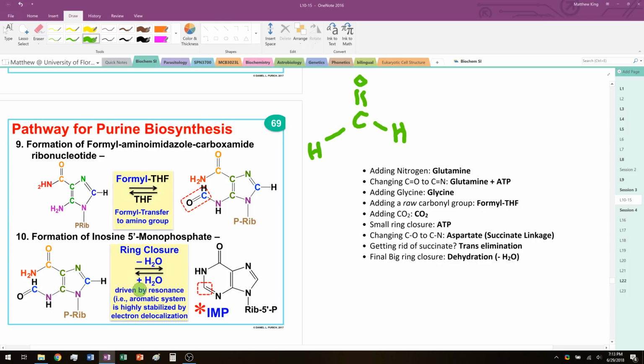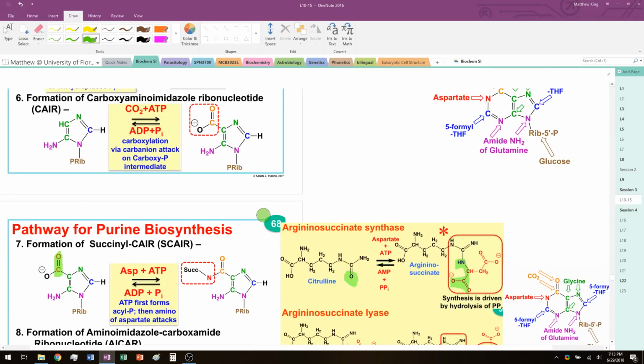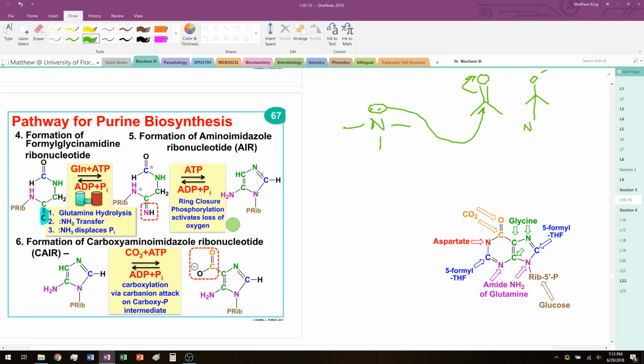Now, this is a slightly different ring closure because notice there is no ATP. I will quickly scroll back up to our first ring closure of the small ring. And this required ATP.